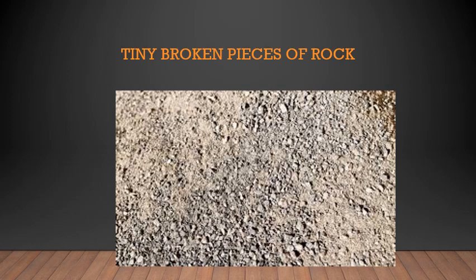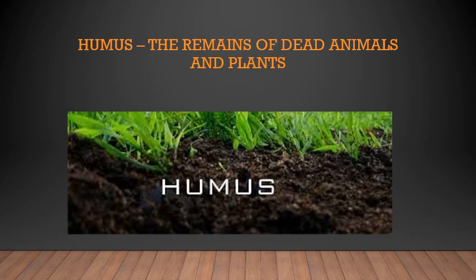Soil is nothing but the broken pieces of huge rocks. You can see huge rocks in different places, and those huge rocks break down to form the soil. I'll tell you how it breaks down, but for now you know that soil is made up of tiny broken pieces of rocks and humus. Humus is nothing but the remains of the dead animals and plants.